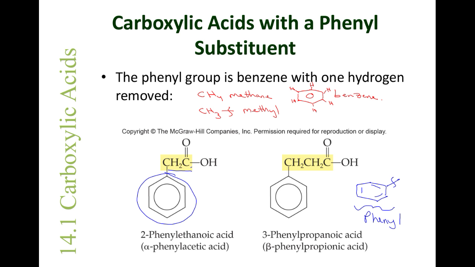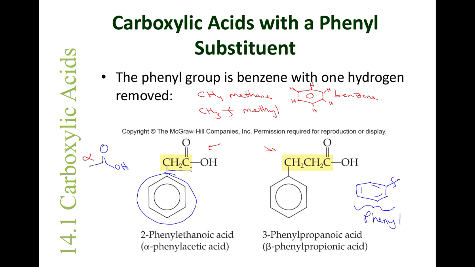If you remember from the previous slide with the table that had the common names as well as the IUPAC names for carboxylic acids, when you have 2 carbons in a carboxylic acid, that's called acetic acid, so since this position would be the alpha position, we could call it alpha-phenylacetic acid. And then this one here, I think if you understand that one, then it stands to reason that this would be 3-phenylpropanoic acid.